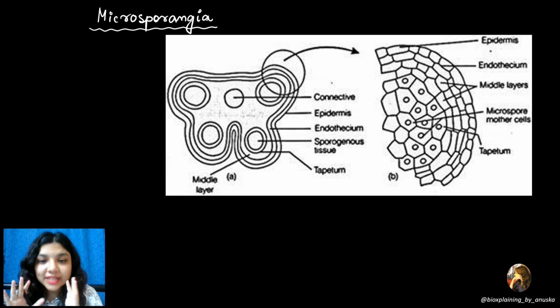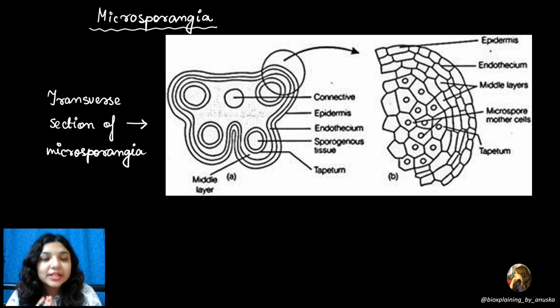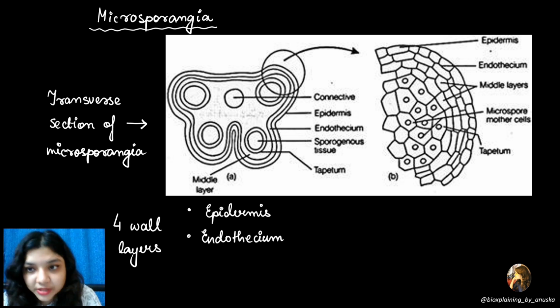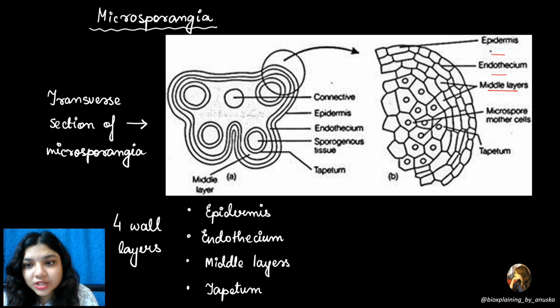If you notice this diagram carefully, which is the transverse section of microsporangia, you can understand that they are nearly circular in outline, right? And they are surrounded by 4 wall layers. What are the 4 wall layers? First is the epidermis, then comes the endothecium, then the middle layers, then the innermost tapetum.